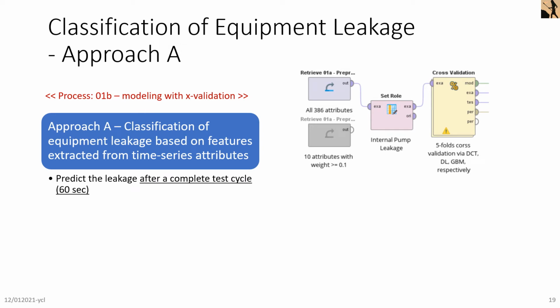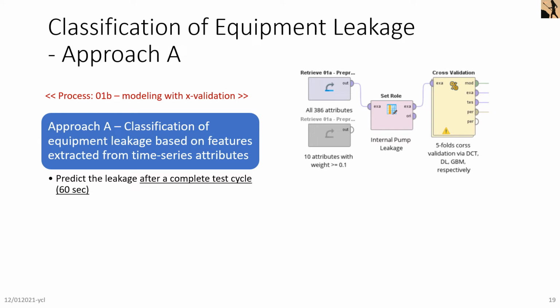Now we have gone through what kind of time sequence data preprocessing steps are critical, and we should practice more to make sure we understand those steps. To complete this flow, the rest looks easy now. We can just set the role and send it to the cross-validation to train some model and see the performance.